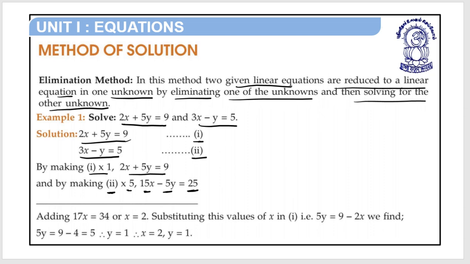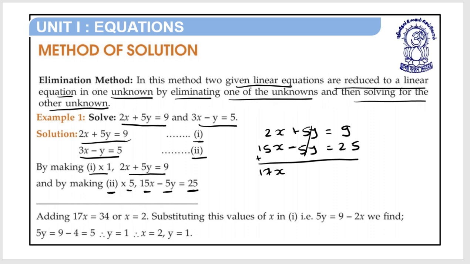Now 2x plus 5y is equal to 9 and 15x minus 5y is equal to 25. Here we eliminate y by taking addition. 2 plus 15, 17x. 9 plus 25 is equal to 34. So x is equal to 34 by 17. 17 2s are 34. So x is equal to 2.